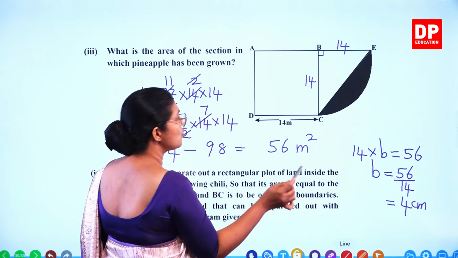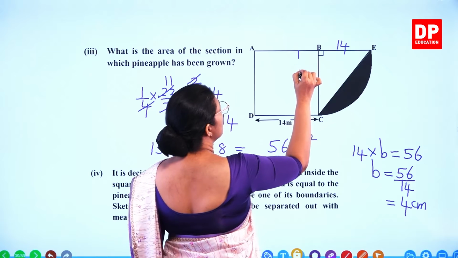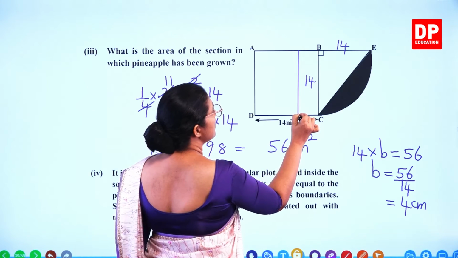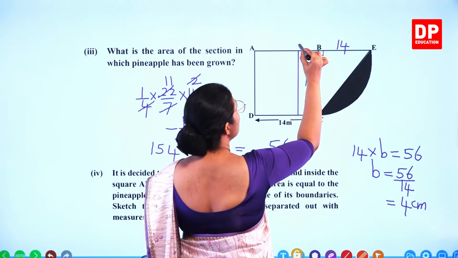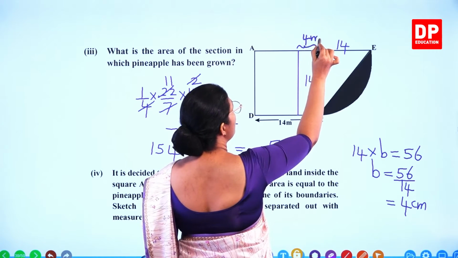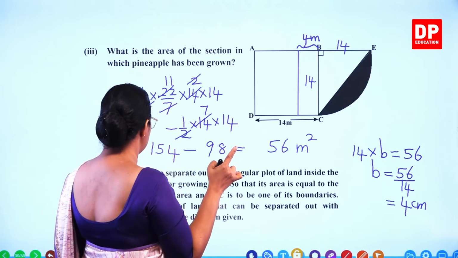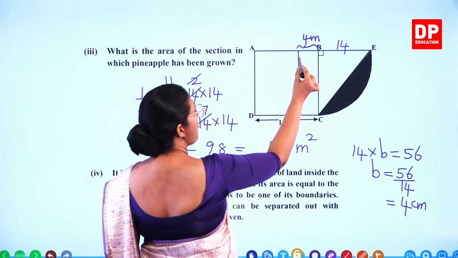Now you can construct a rectangle here. One boundary is BC and the breadth should be 4 meters. So this is the rectangle you have to mark, this part.